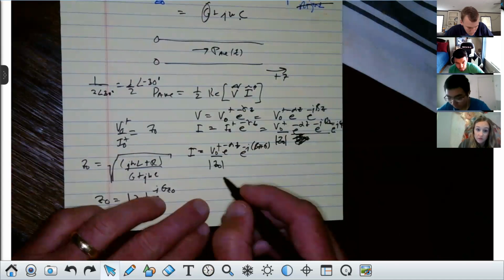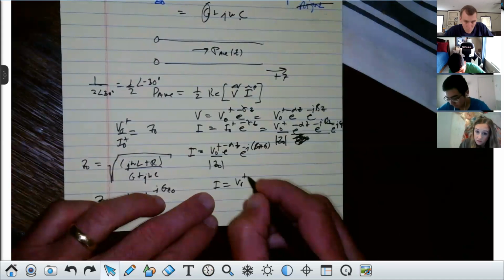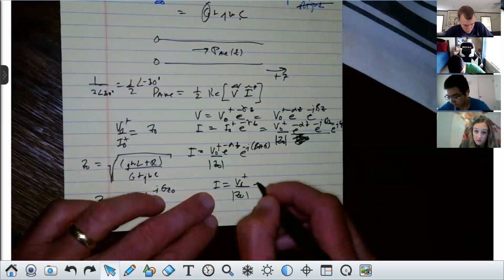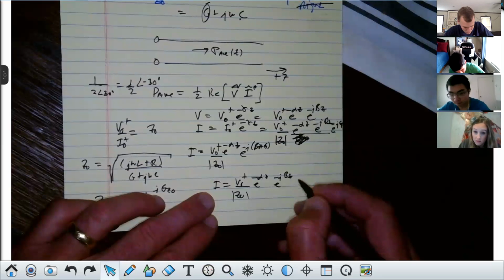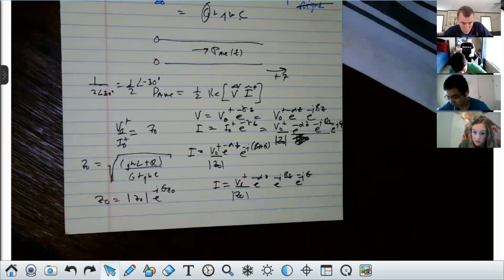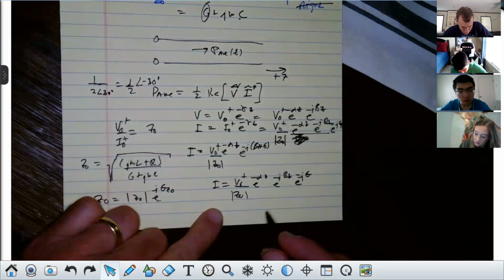Or I can write it simply as I equals V naught plus over Z naught magnitude, e to the minus alpha Z, e to the minus j beta Z, and e to the minus j theta. Remember, this is the phasor form of a wave propagating in the plus Z direction. This is the current, actually.